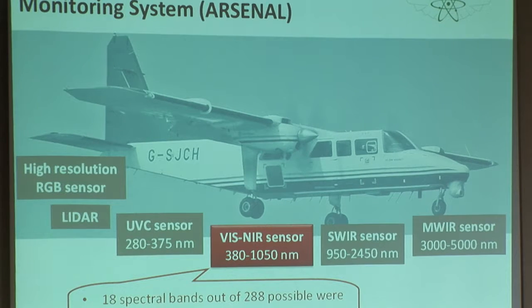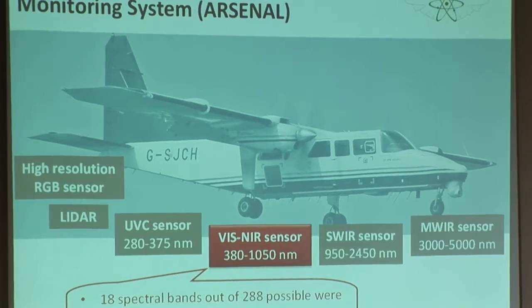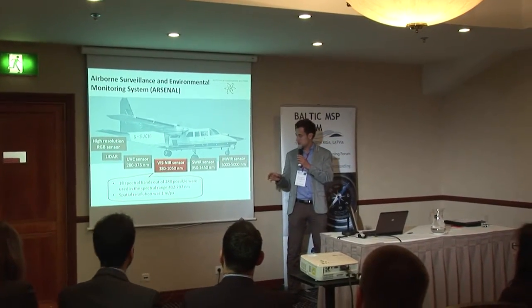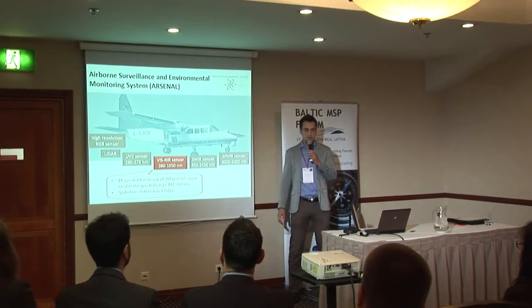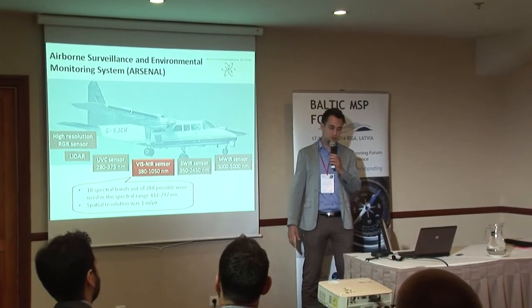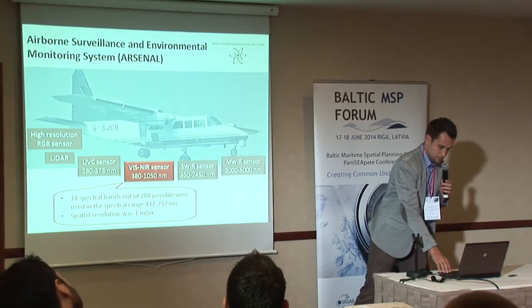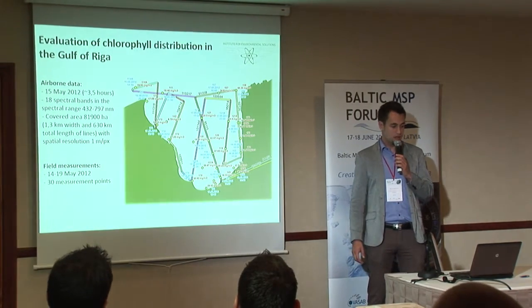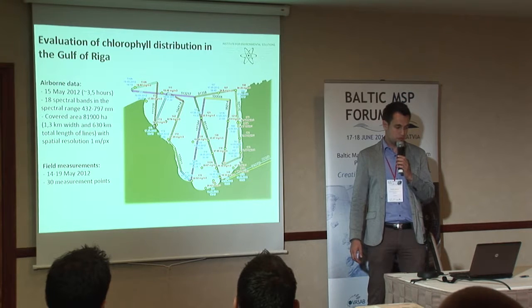But in this particular study, I will present some data that we used for maritime studies, and we used just a small part of the sensors, in the visible range. Let's say we acquired data in all rainbow colors, and what we can get from it and how we can contribute to spatial planning purposes.